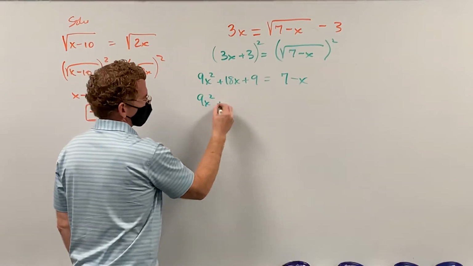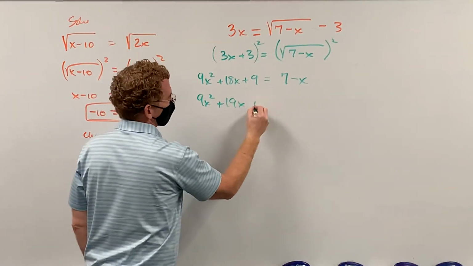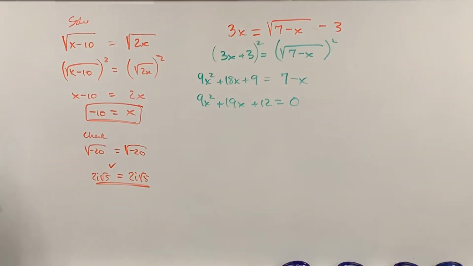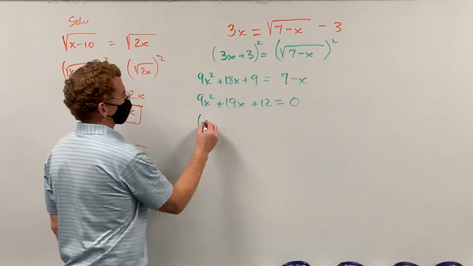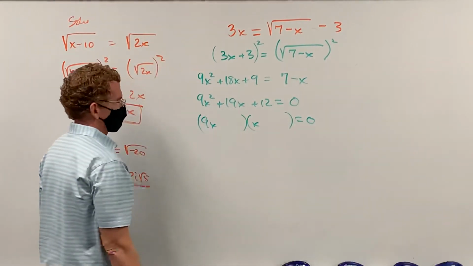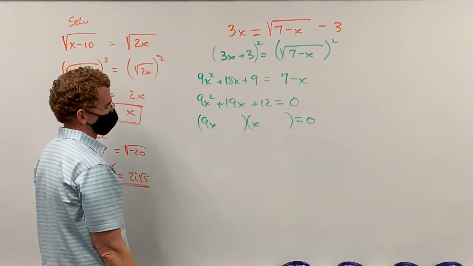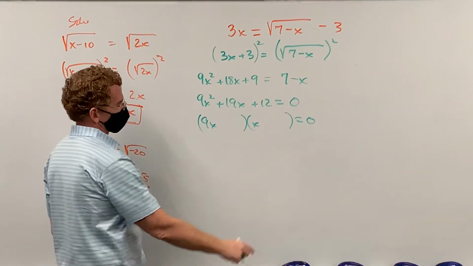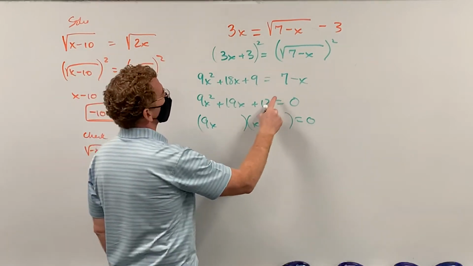And yes, sometimes the factoring gets annoying. You can look at this right here and go, oh yeah, that is a little annoying. But it's going to factor. So if you want to use the magic number thing, you can. If you don't want to use the magic number thing, you don't have to. This particular one happens to factor into 9x and x. Oh, 2.